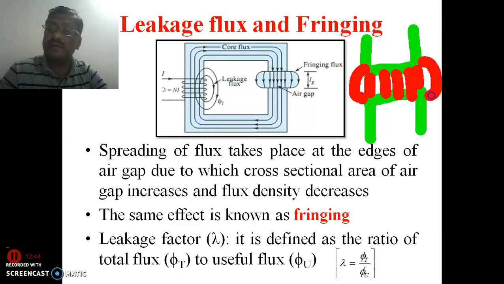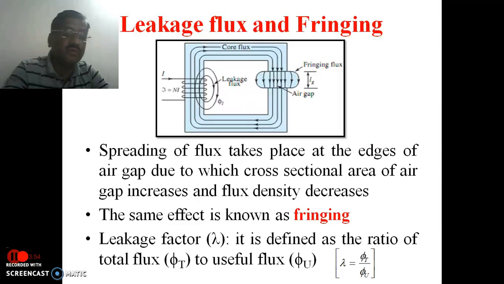Due to the spreading of the flux, the cross-sectional area of the air gap increases, and due to the increase in the cross-sectional area, the flux density of the air gap decreases. This particular effect is known as fringing. In short, the spreading of the flux at the edges of the air gap increases the cross-sectional area, due to which flux density decreases. This effect is nothing but the fringing effect.